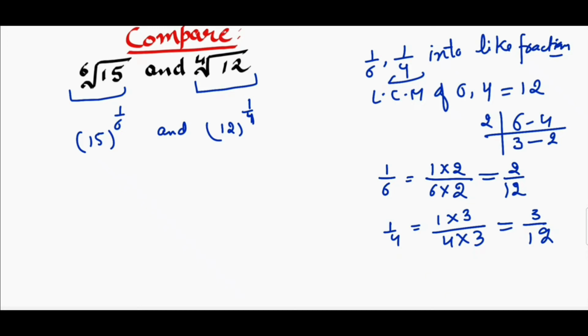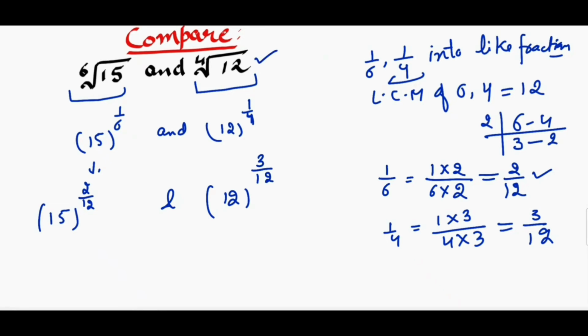So the next step here is I can write this as 15 raised to power 2 divided by 12, and this I can write as 12 raised to power 3 divided by 12. Write as 15 raised to power 2 into 1 by 12, and this as 12 raised to power 3 into 1 by 12.